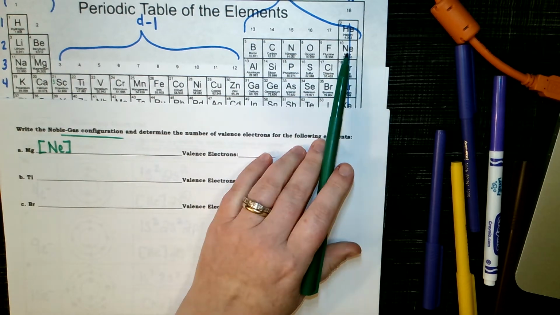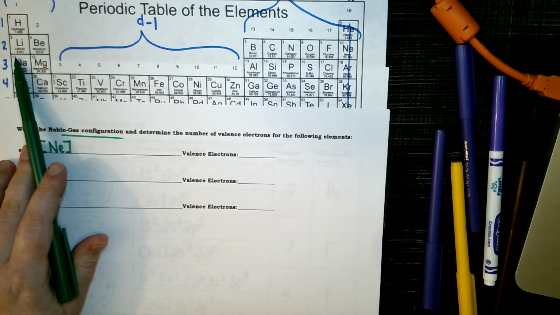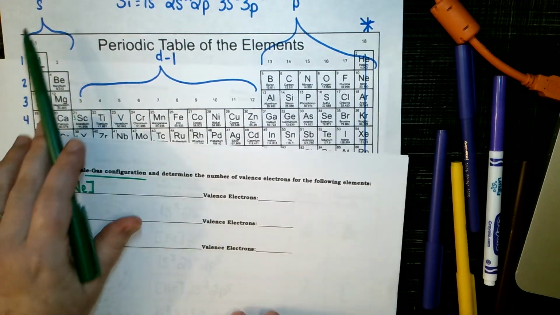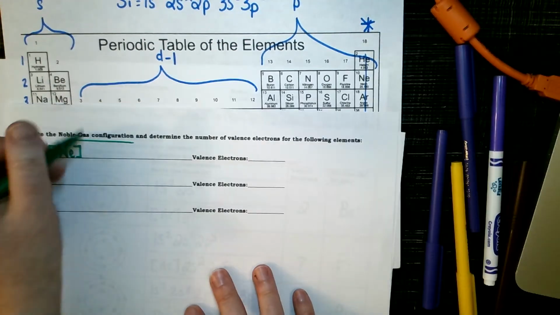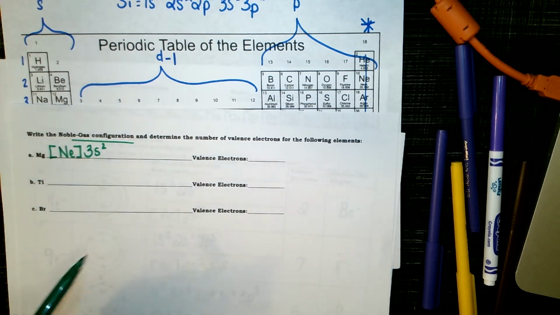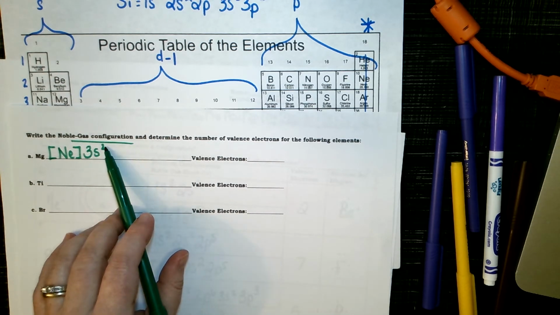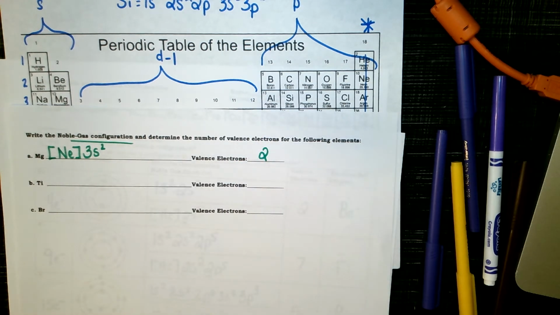So that takes you through number 10. So you move on to atomic number 11 for the 11th electron. We are in the third energy row, S block, and magnesium is 2 spots over. So following that, it's going to become 3s2. The third energy level is the highest energy level, and there's 2 electrons stored there. Therefore, we have 2 valence electrons.